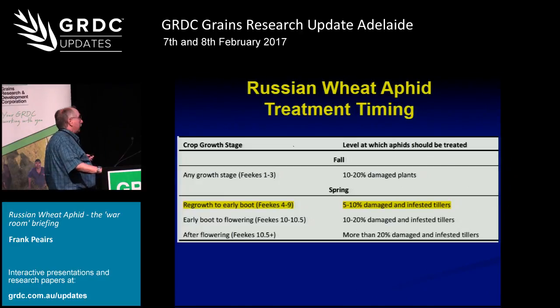Another way of putting that is that this is the period when you get the most response to insecticide control. Before that and after that, you will get less benefit from treatment.